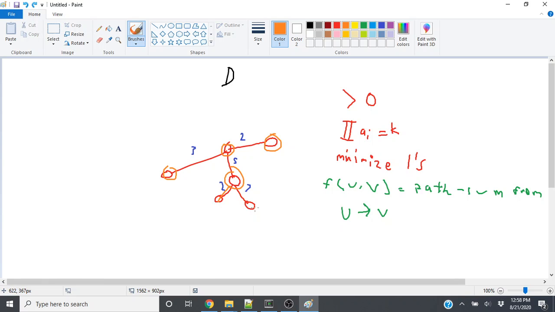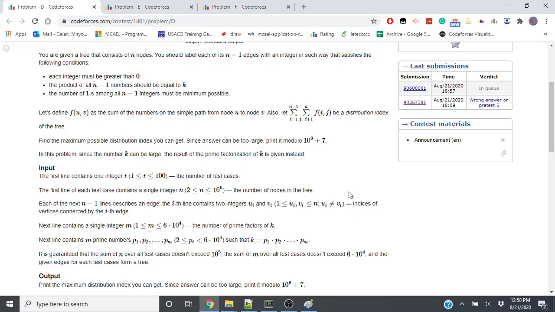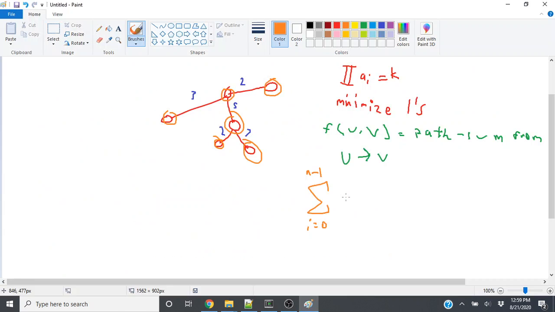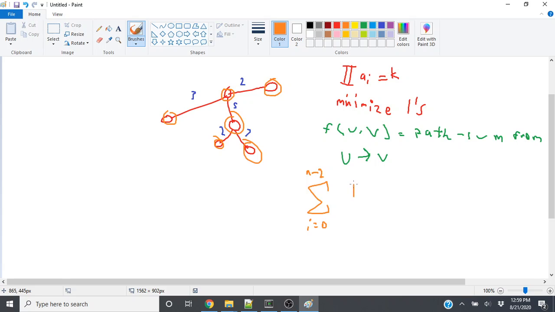Here the unique paths are here. Here no unique paths. Here no unique paths. So another way to think about it is it's just the sum from i equals 0 to n minus 1, 0 indexing, I guess n minus 2, and then the sum from j equals i plus 1, so excluding the path from i to i plus 1, to n minus 1, of f(i, j).